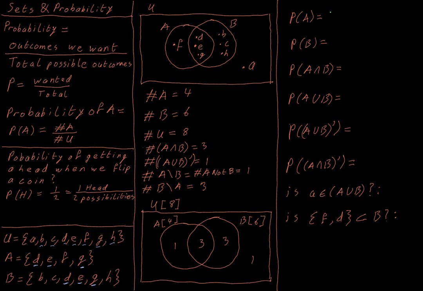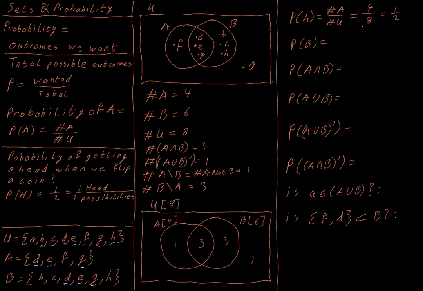So that is the cardinal number of A all over the cardinal number of our universe. The wanted outcomes, so we want something from the group A, so we have 4 letters in group A out of a total of 8, and we can simplify that to being a half.